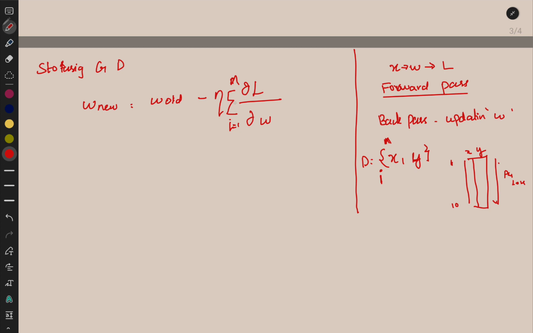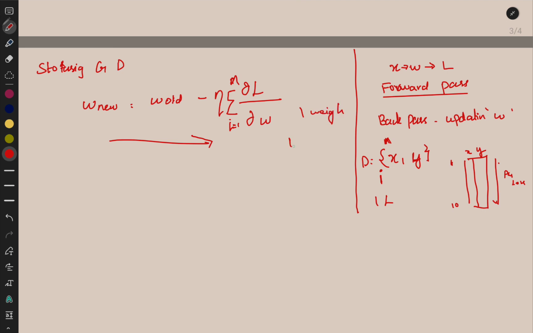So when you see 1 to n, let's say you have 1 lakh data points, you have to do this for all the weights. For one weight, this equation is there.